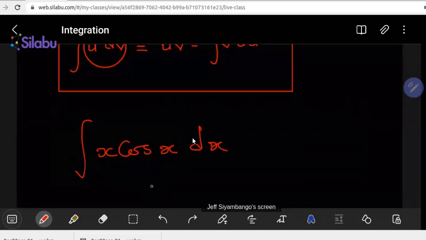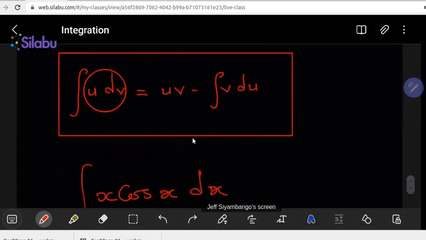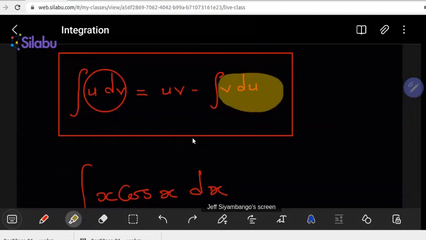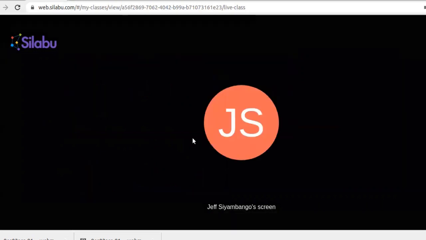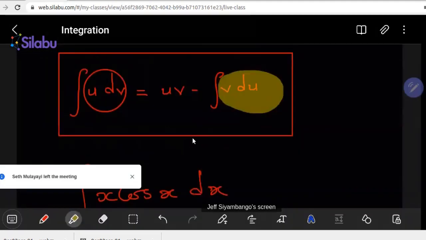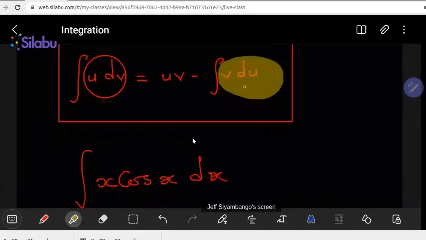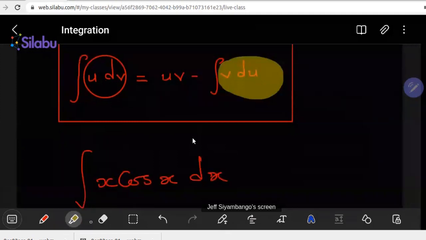If the integral that ends up here becomes even more complex than what you started with, then most likely you picked a wrong choice. Try the alternative. It just might do the trick. You want it such that after you pick your u and your dv, what ends up being here is something easy to integrate. That is the choice of your u and your dv.